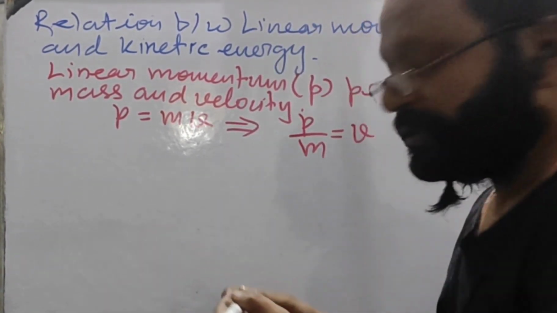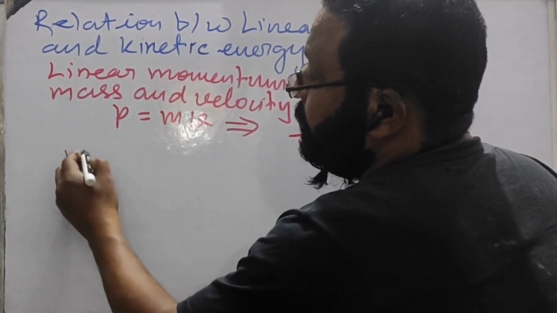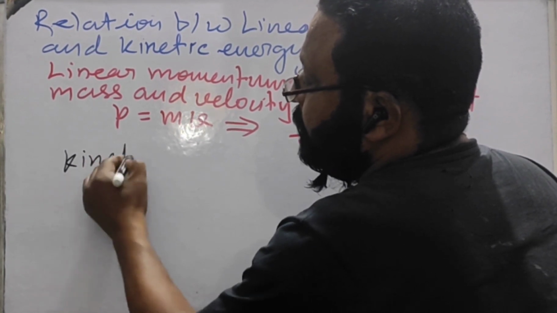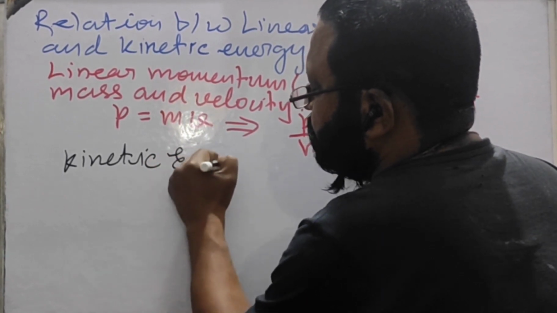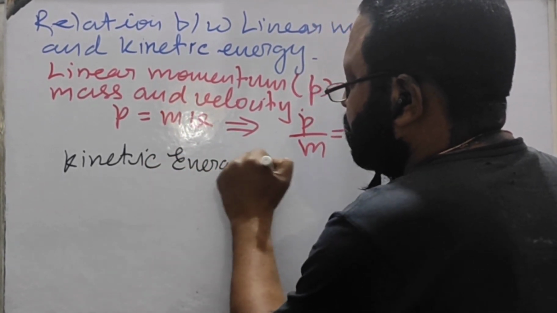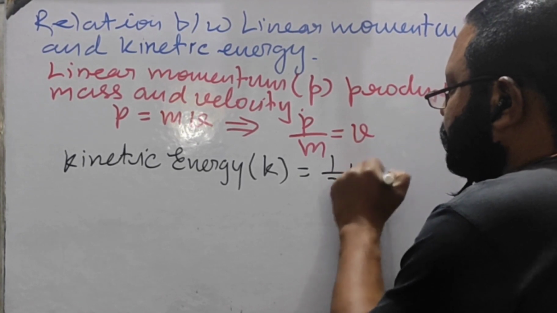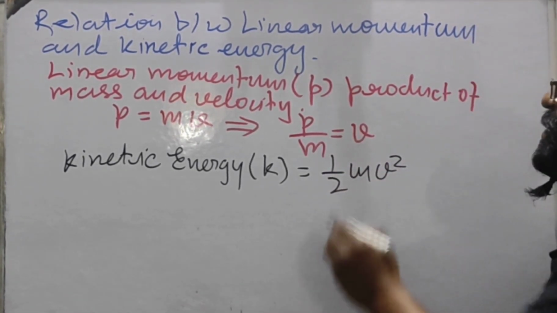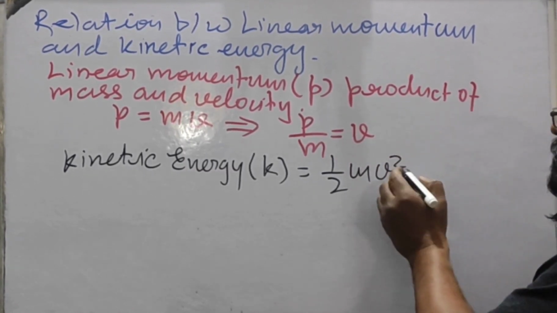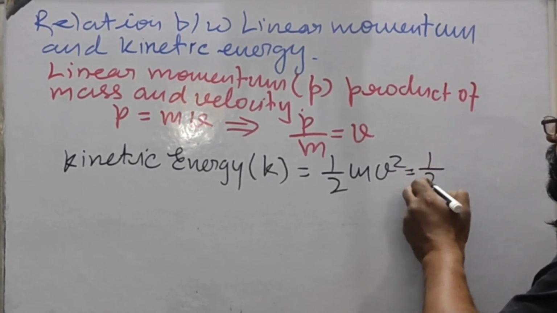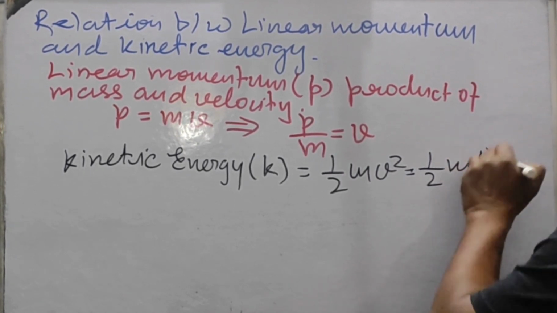Now what is kinetic energy? Kinetic energy we denote with the symbol K. So K is equal to half m v square. When you substitute the value of v here, it becomes half m into P upon m whole square.